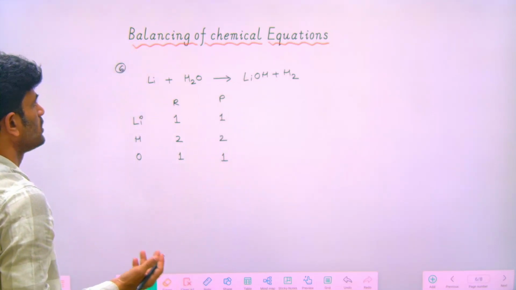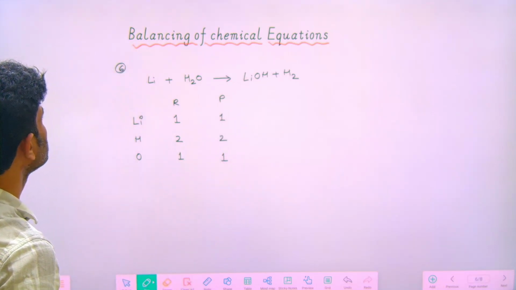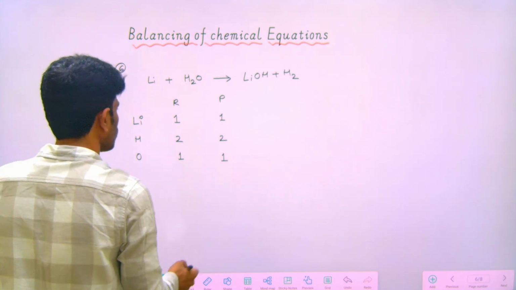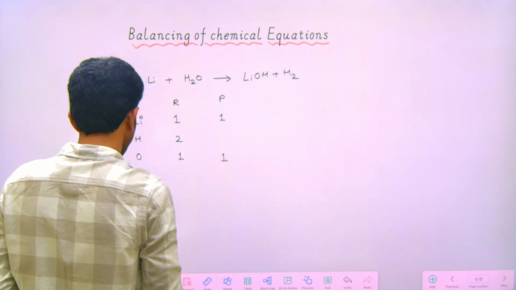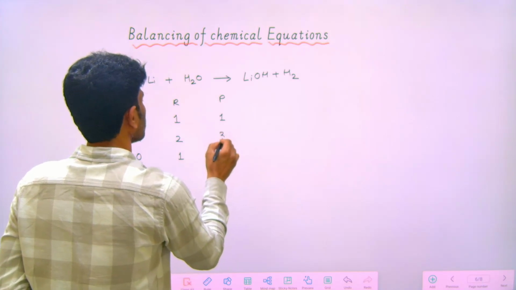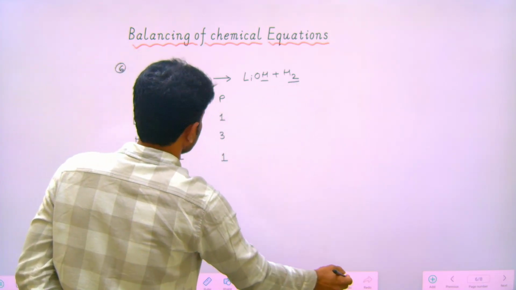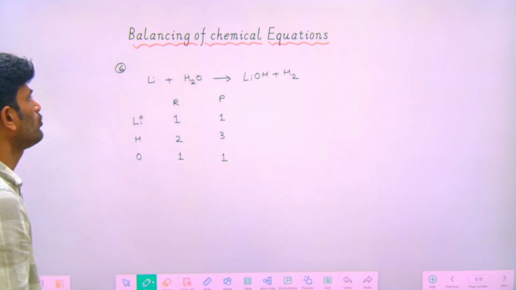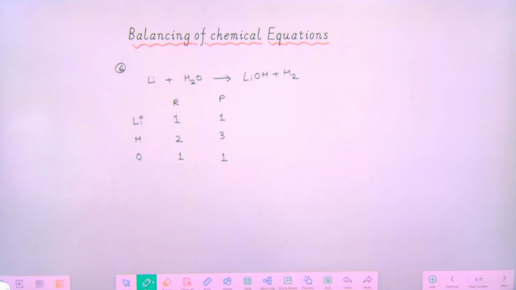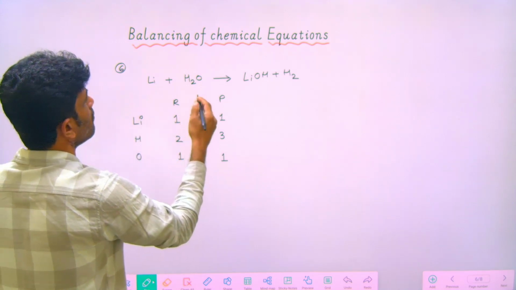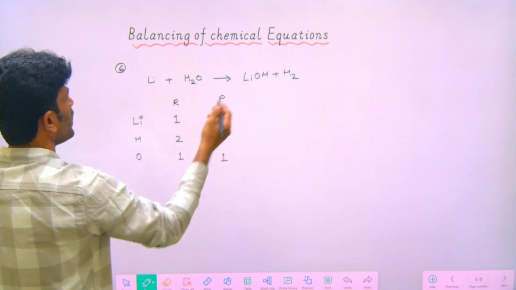So lithium is balanced, oxygens are balanced, but hydrogens are not balanced. Sorry, here we have three hydrogens on the product side: here one, here two. So three hydrogens are there, and we have to balance hydrogens here. To balance hydrogens, lithium is already the same, we can write 2LiOH here.